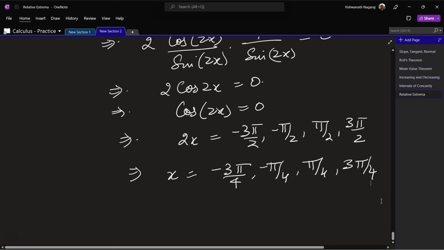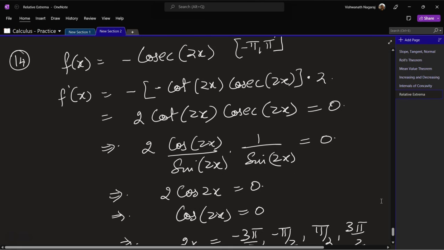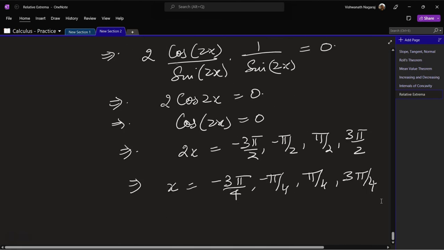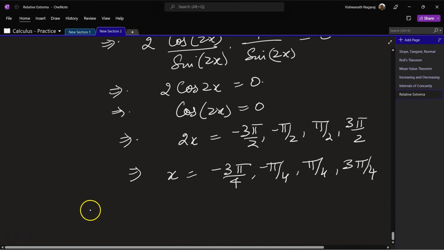Now again for this we need to figure out the coordinates, right? So what is our function? Function is minus 1 by sine 2x, right? So f of x is equal to minus 1 by sine 2x.